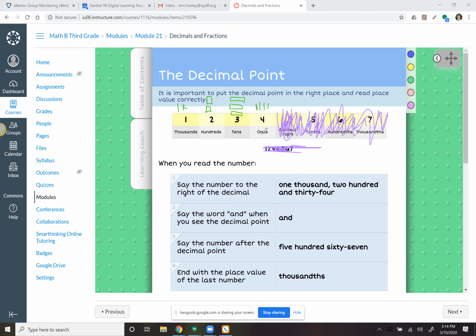Good. They are 4 ones, but we just say 4. We don't have to say 1 after. So 4. Now, what if I put these two together? How would I say that? 34. Good. Now, what if I put these 3 together? 234. Good. And now one more time, what if I put all 4 of them together? 1,234. Good.